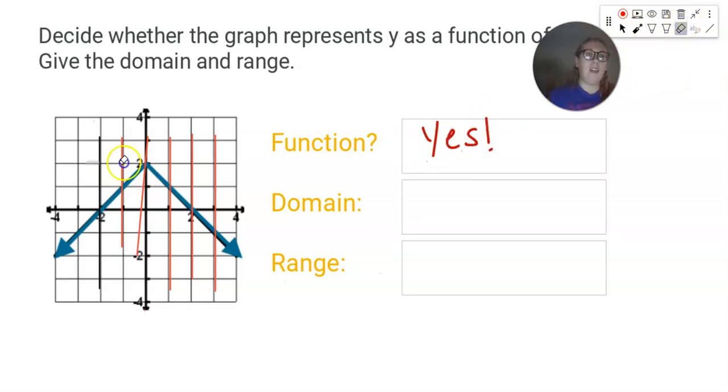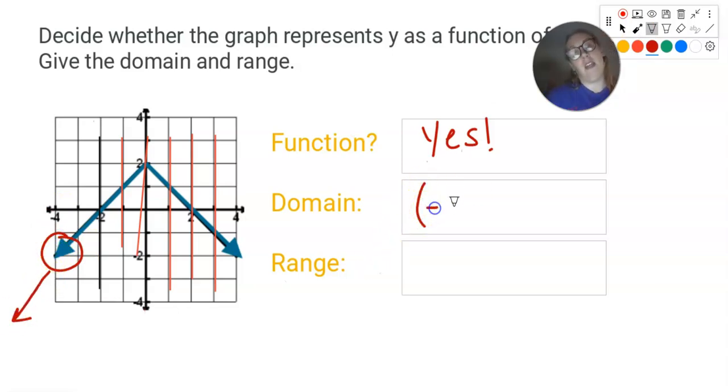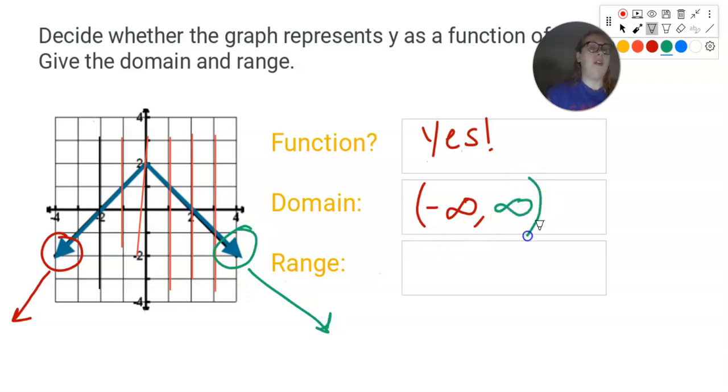Our domain is our x values. This arrow keeps going more and more towards -infinity, and this arrow continues to go towards +infinity. So our domain goes from -infinity to infinity.